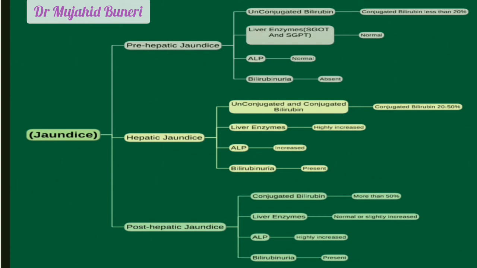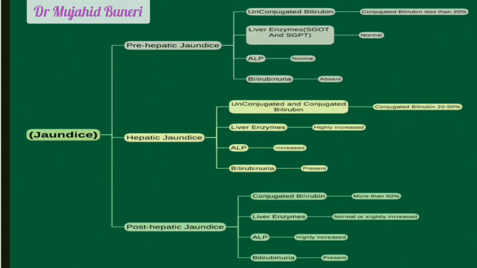Liver enzymes like SGOT, also known as AST, and SGPT, also known as ALT, are normal because liver as such is not involved in the disease.